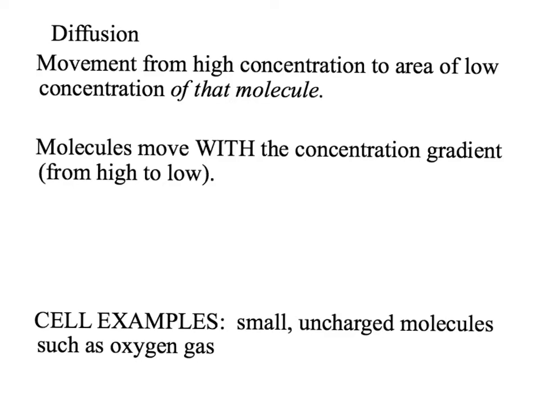We've discussed three different types of passive transport. The first type is diffusion. Diffusion is just what we already talked about, movement from high concentration of an area to low concentration of that particular molecule. So the example I just gave was that of the molecule that makes cookies smell good.